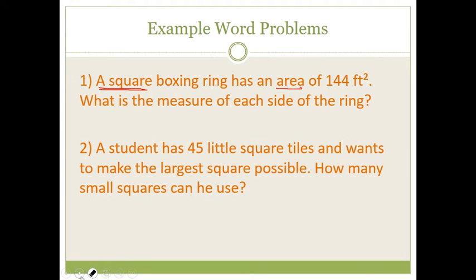All right, so we have square tiles, and we want to make a square. And again, when we want to make a square, the length and the width have to be the same number. So the number of squares that we put across the top of this thing and the number of squares that we put along the side have to be the same number.